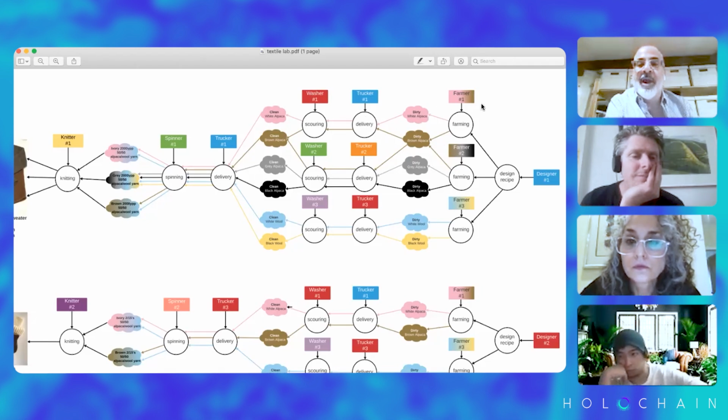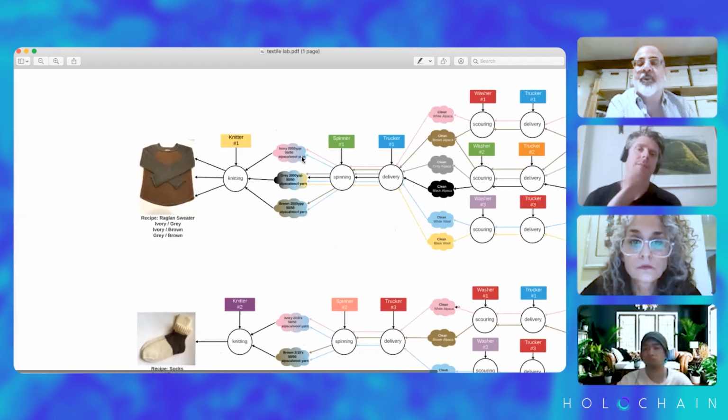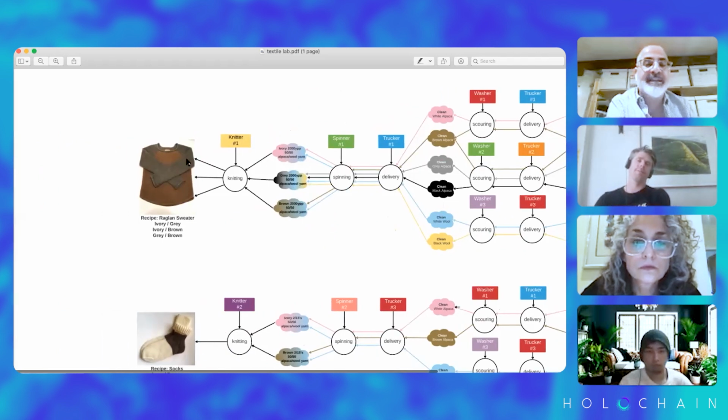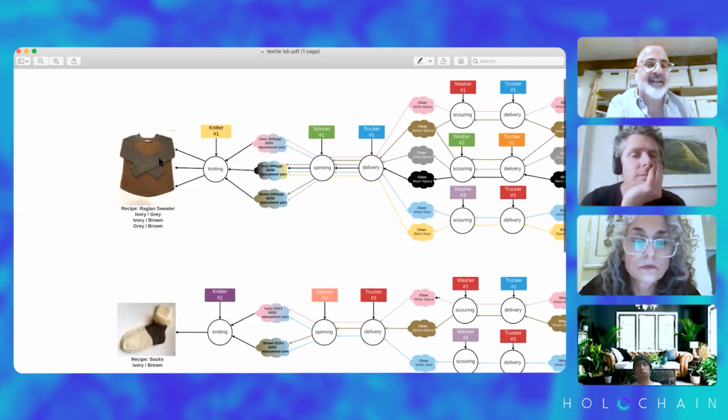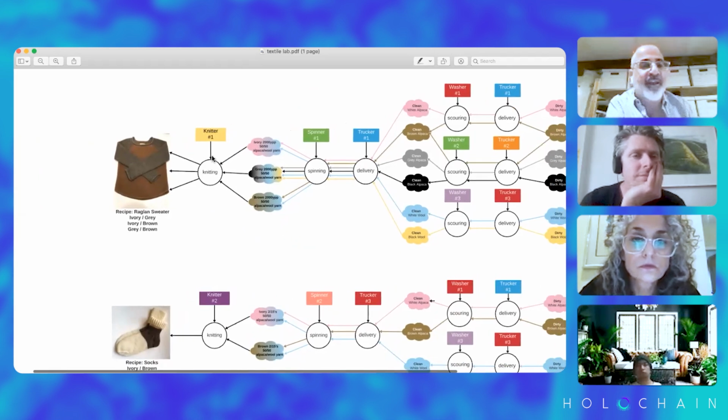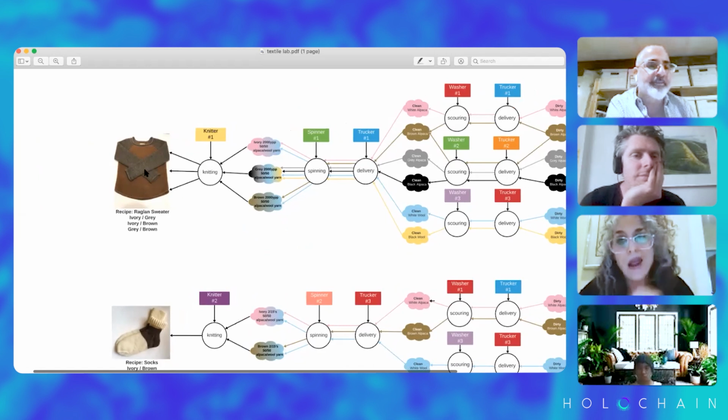But remember, as we move through this supply chain, we're collecting localism points. Those localism points, that localism score, is imbued into the final product. Assume this sweater has a little QR code that illuminates the whole provenance. The QR code can point back to this whole chain and tell you now that this sweater has earned 10 localism points.